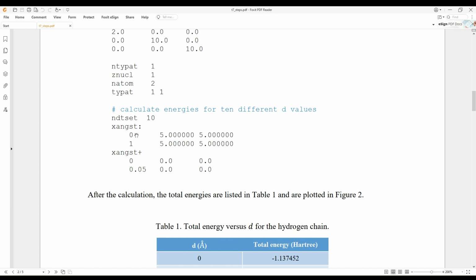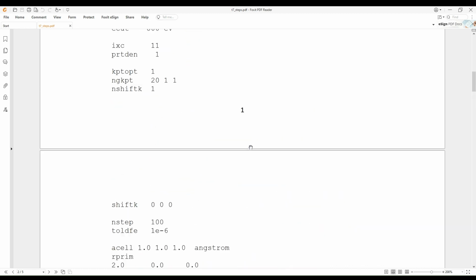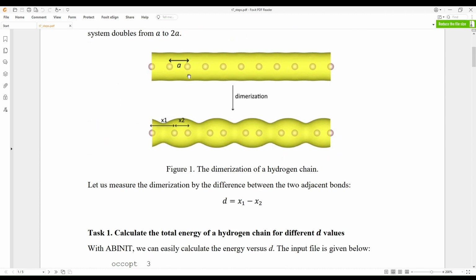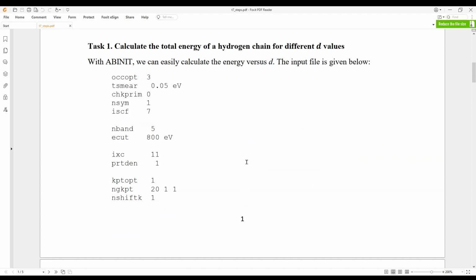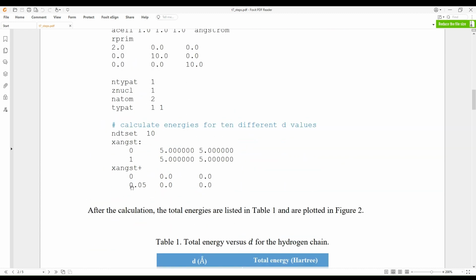After that, we gradually move the position of the second hydrogen atom in the system. So that's why we add 0.05 angstrom to the second hydrogen atom, and I put 0.05 to x angstrom plus.